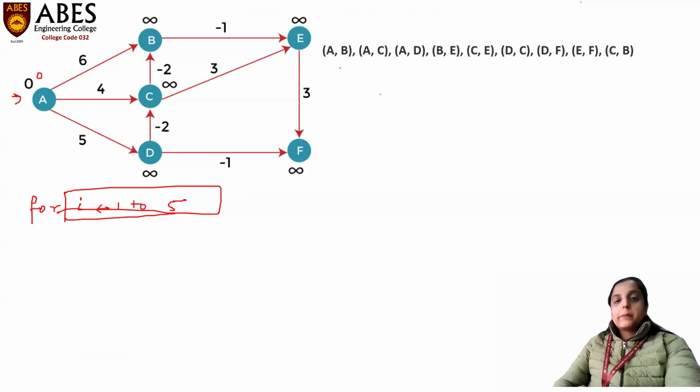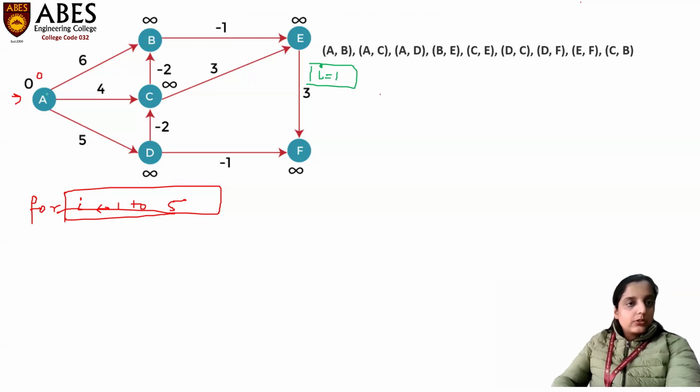Now I will run my loop, I equals 1. When I equals 1, let's find out what updations will be done. Firstly, we have the edge AB. If I perform the relax operation on this edge, we follow similar steps as in the Dijkstra algorithm.